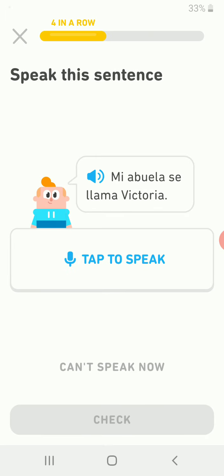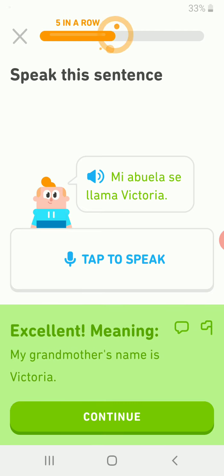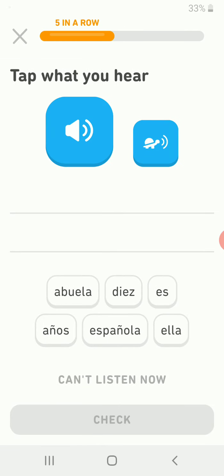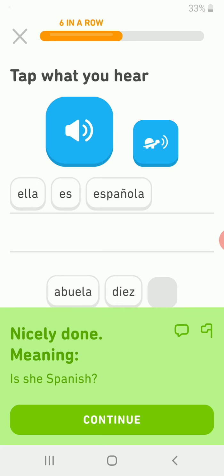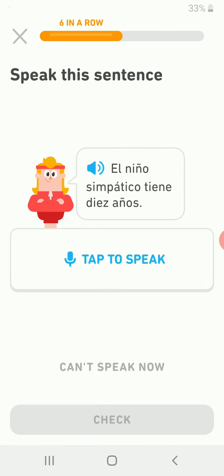Mi abuela se llama Victoria. So my grandmother's name is Victoria. Ella es española. Is she Spanish? El niño simpático tiene 10 años.